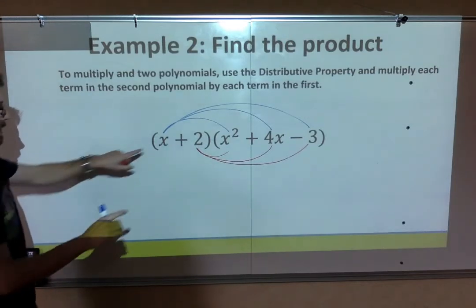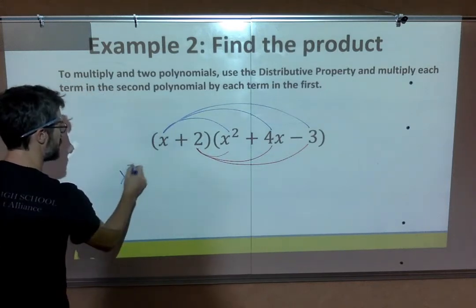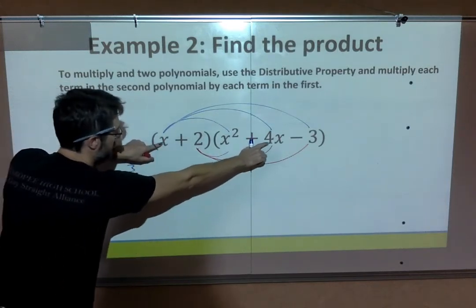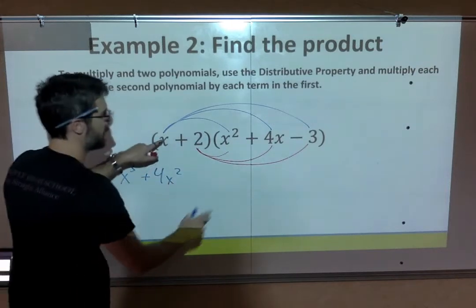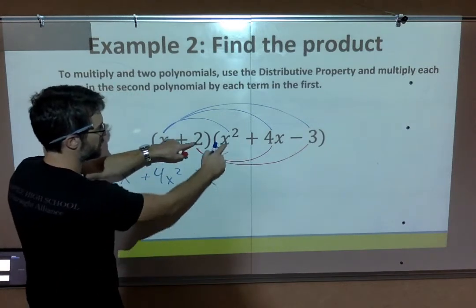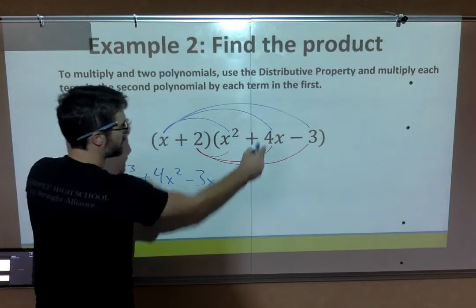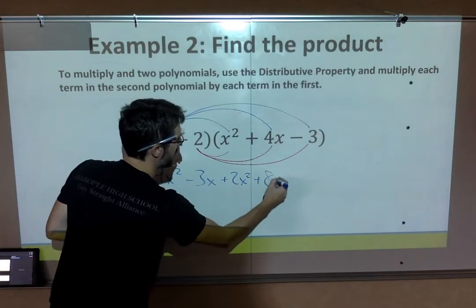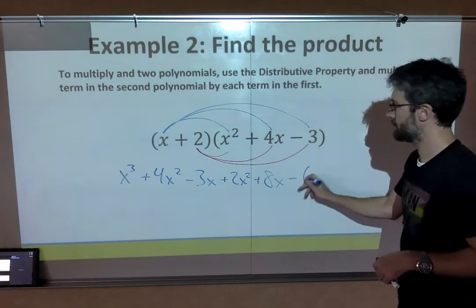Okay, so x times x squared is going to give us x cubed. X times 4x is going to give us 4x squared. And x times negative 3, negative 3x. 2 times x squared, 2x squared. 2 times 4x, 8x. And 2 times our minus 3 is a minus 6.